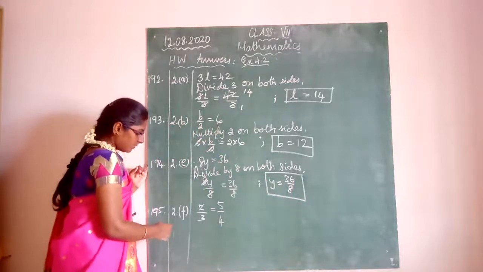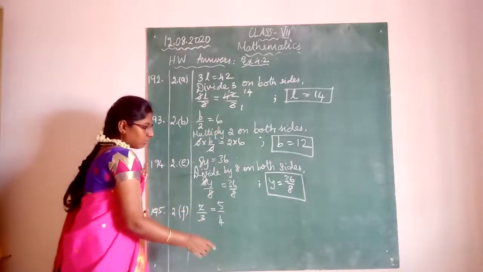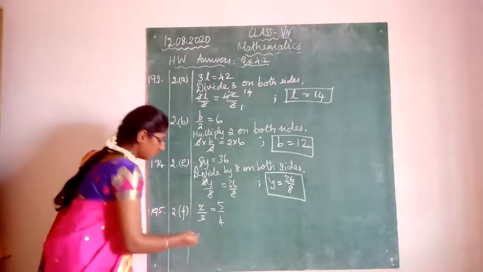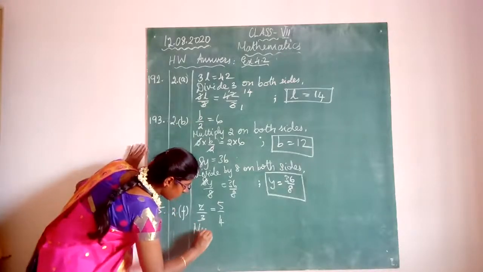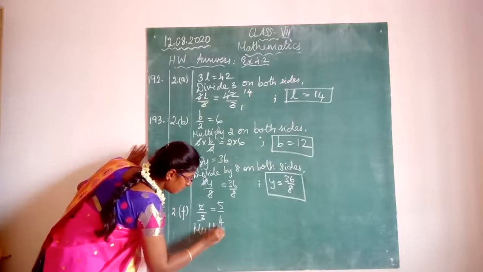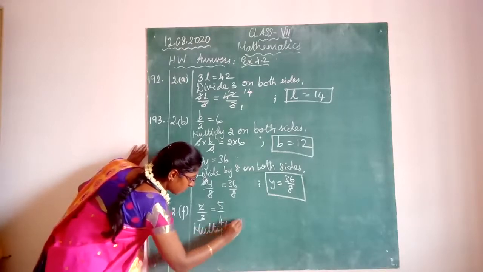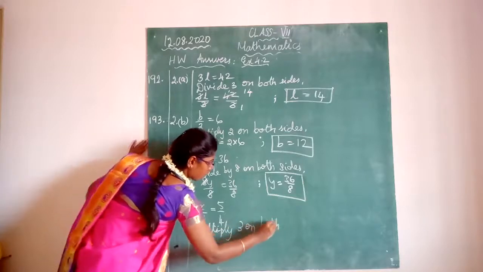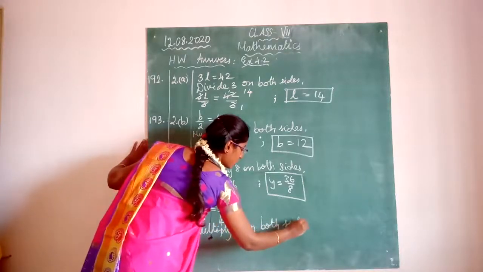Okay. Next. Z by 3 is equal to 5 by 4. Here we have 3 in the denominator of Z. So write multiply 3 on both sides. Okay.